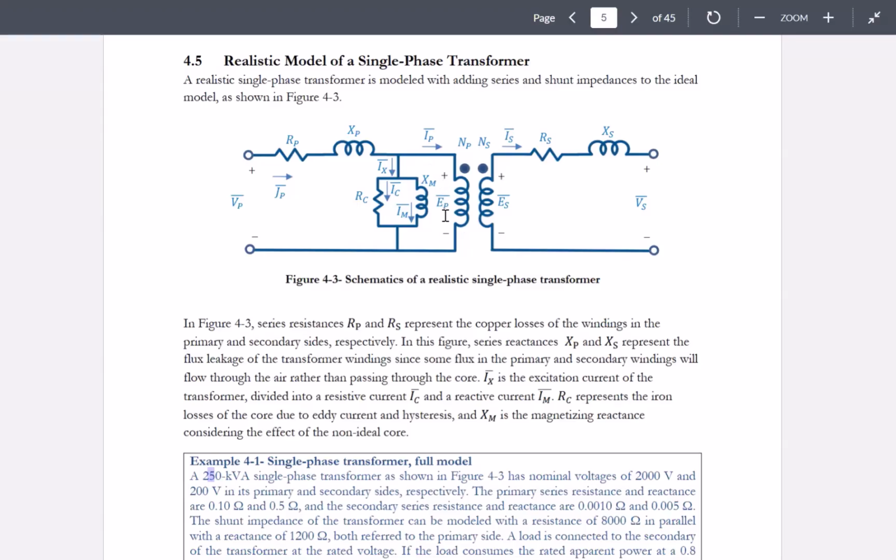Now, since I have the knowledge of EP, the same voltage is falling on these two impedances, RC and XM, right? Therefore, I can get a combination of these two as an impedance and then find out the IX. Or I can individually find out IC and IM because both of these are in parallel with EP. So let's do it that way.